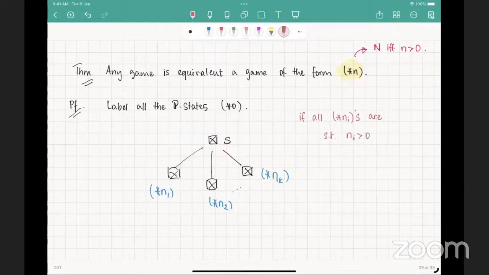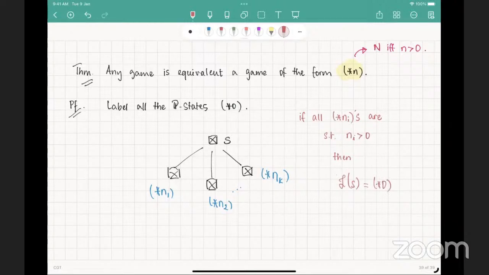If all the labels happen to be 0, then the label that I want to associate, let me just use capital L temporarily to talk about that, this certainly should be 0, because all your children are N states.